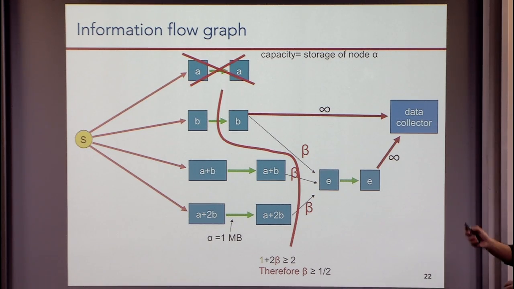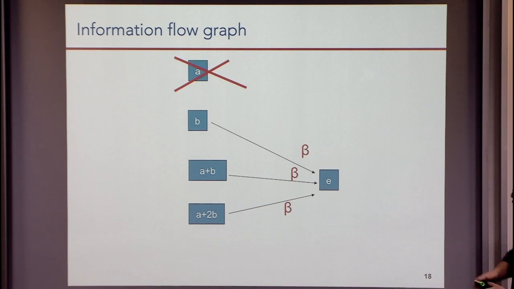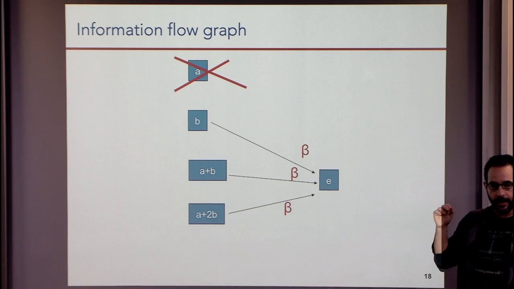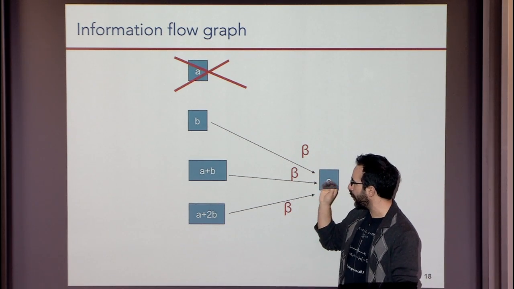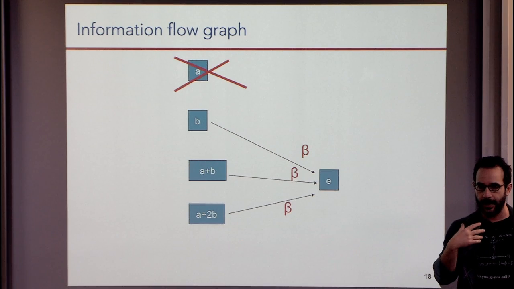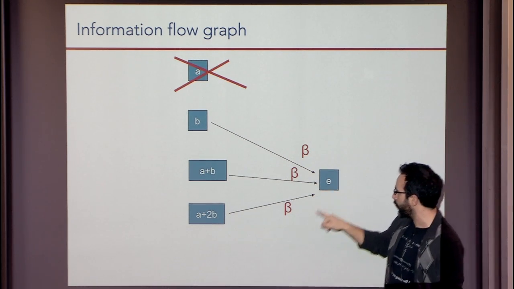Okay, another way of saying this, going back here, is I'll just say the same thing in a different way. Remember, we're trying to create something so that any 2 out of these 4 recreate the data, right? The data is 2 megabytes. Now, let's take these 2.